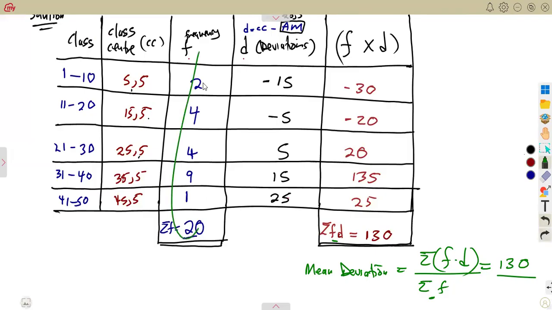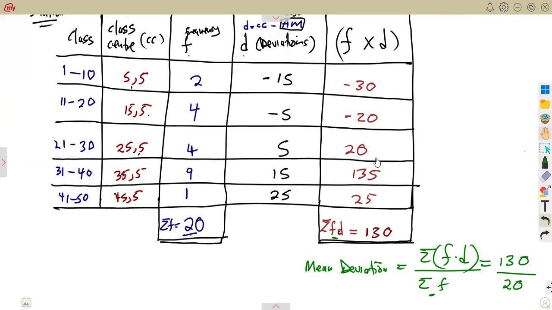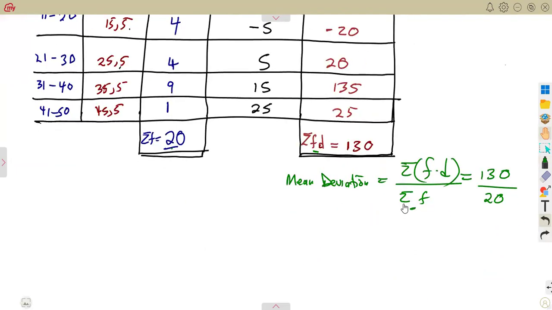When you add these frequencies together, the sum is 20. This sign means sum of, you add those ones. That gives us a mean deviation of 6,5.